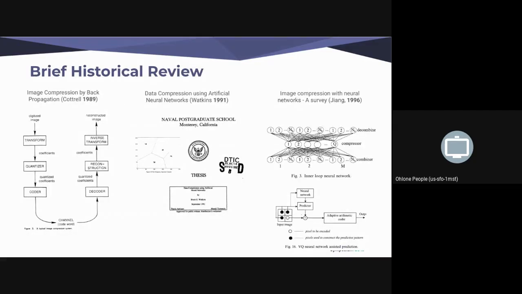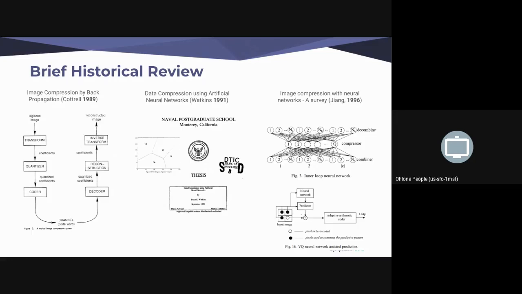Now, let's do a quick review of what was happening in neural compression before 2014, when I started working on it. So it turns out, before the AI winter of the mid-90s, there was a fair bit of work that was happening.